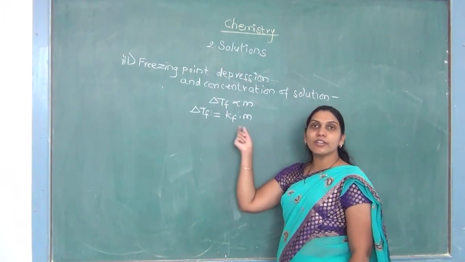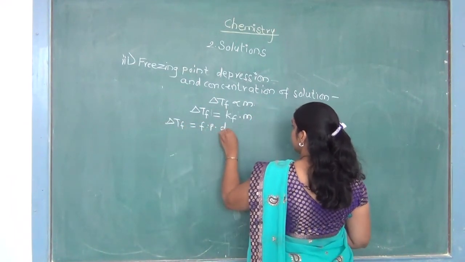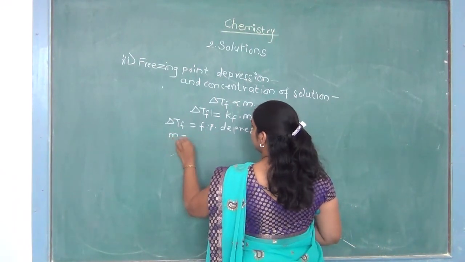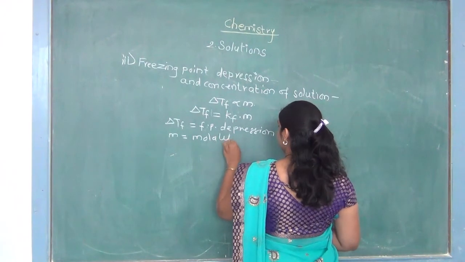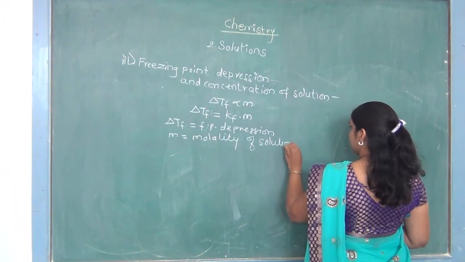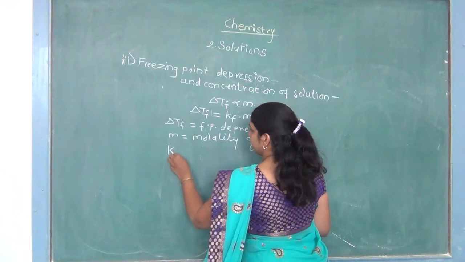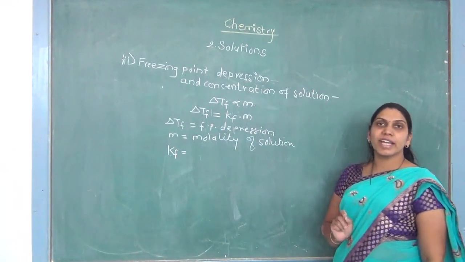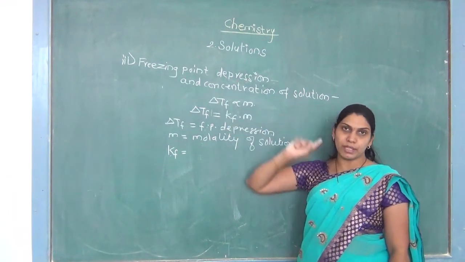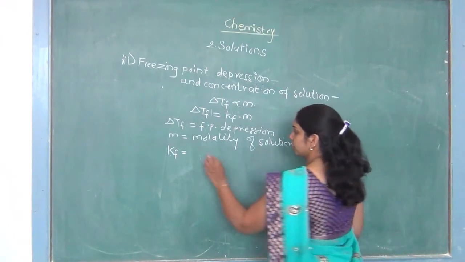Here delta TF is freezing point depression, small m is the molality of solution, and Kf is the proportionality constant, which is called the constant for freezing point depression, or Kf is also called the molar depression constant.